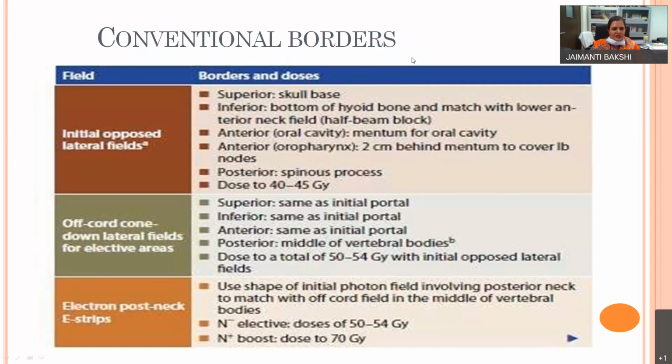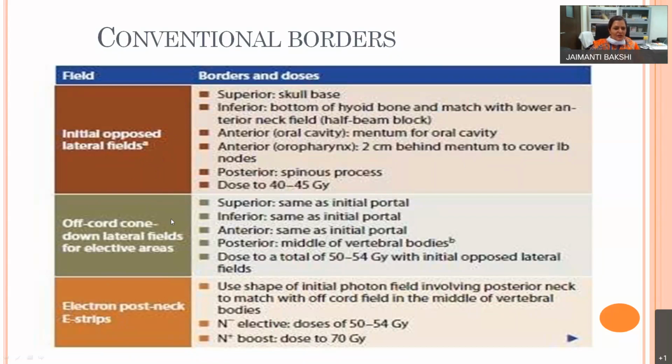In conventional radiotherapy, these are the fields used. Here we can see the borders and doses for various fields. First, initial opposed lateral fields, including the area from base of skull to neck on both sides. Superiorly it starts at the skull base and inferiorly goes down to the hyoid bone. The dose delivered is 40 to 45 grays.